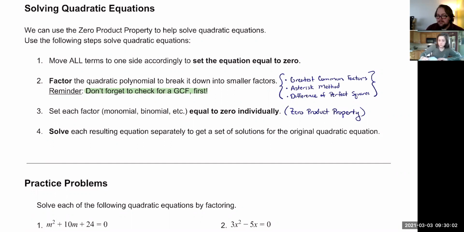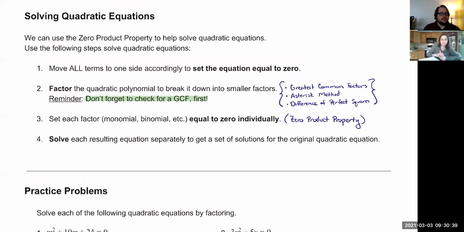Last but not least, once we've reached this phase, we're going to end up with at least 2 smaller, I'll even say simpler equations that we can then solve to get all the solutions for that original quadratic equation. So typically we'll get at least 2 solutions. Sometimes we might get exactly 1, but it's that last step, solving these little mini equations, as I like to call them, that is going to give us our final solutions.